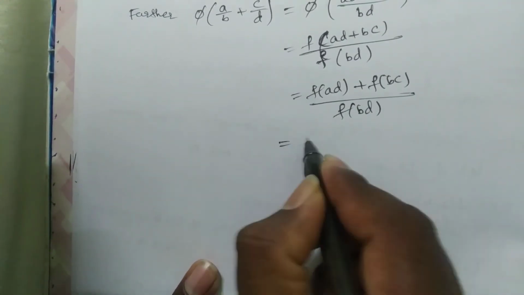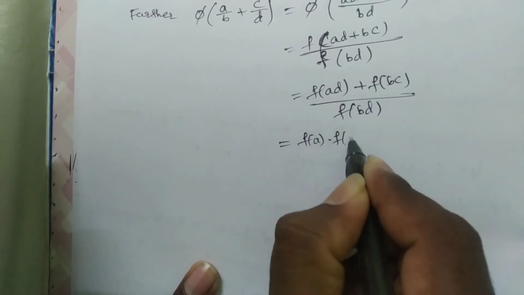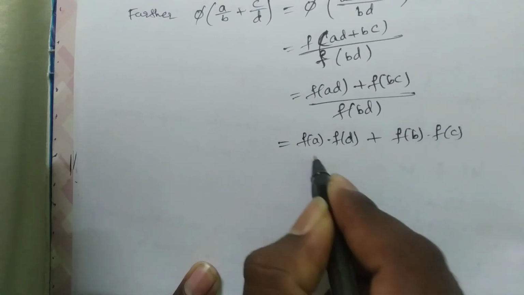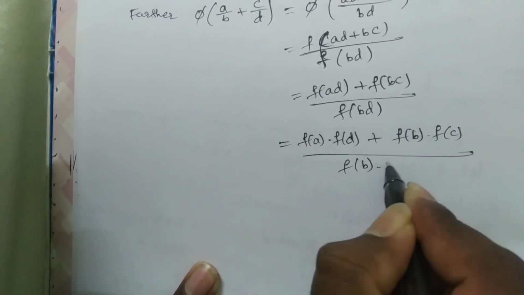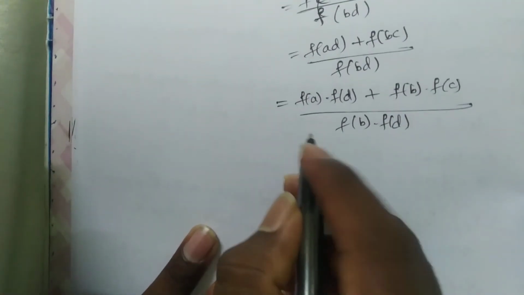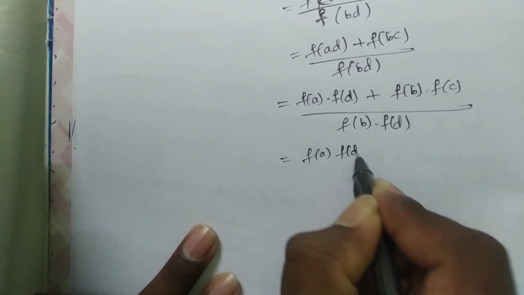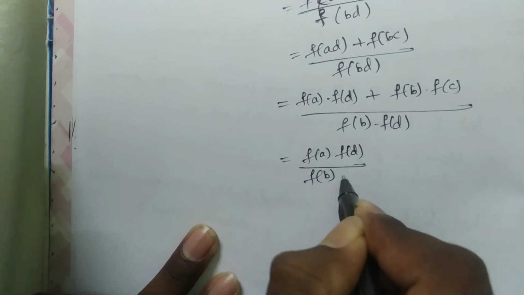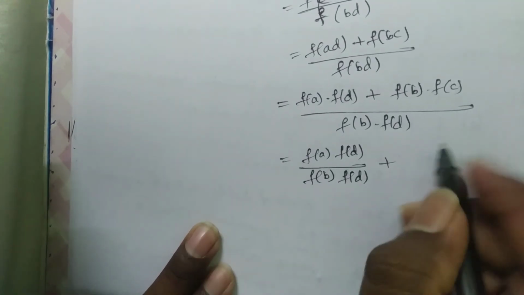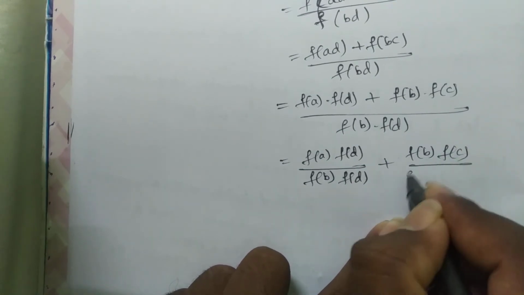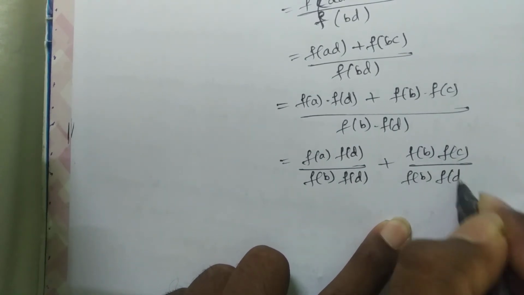That equals f of a into f of d plus f of b into f of c, by f of b into f of d. Splitting, f of a into f of d by f of b into f of d plus f of b into f of c by f of b into f of d.